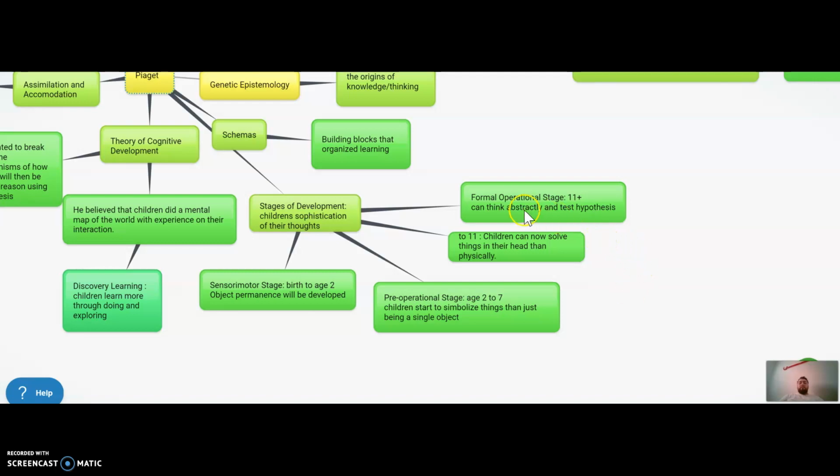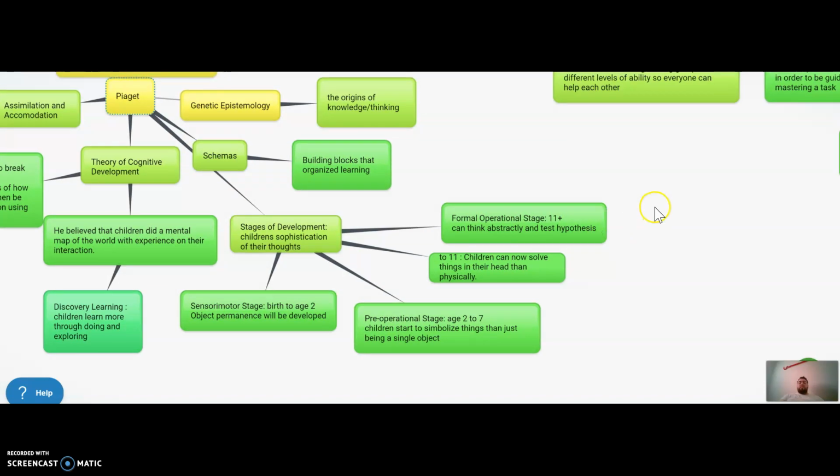And lastly will be the formal operational stage, that is from age 11 to adulthood. And this is where they can think abstractly and test a hypothesis, which means that now they're thinking in a more advanced way, and if they have questions, they can now test their hypotheses.